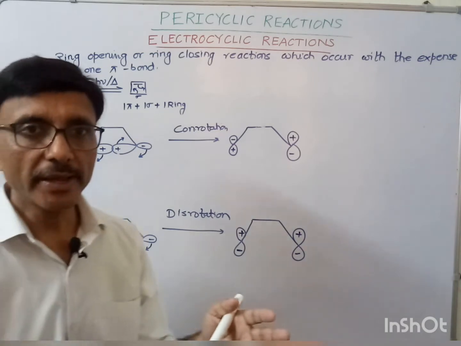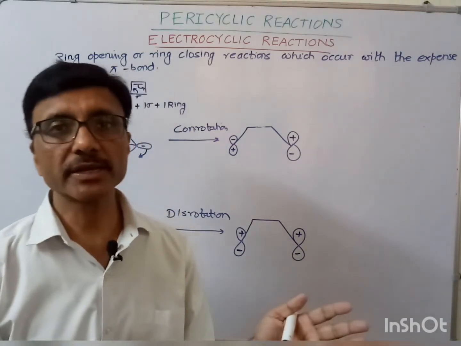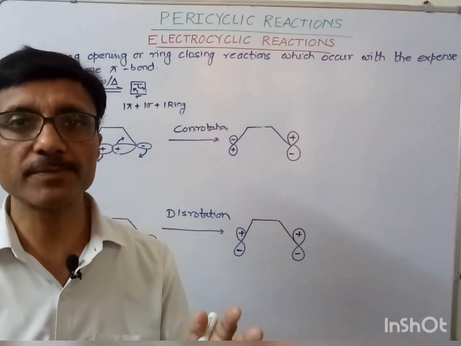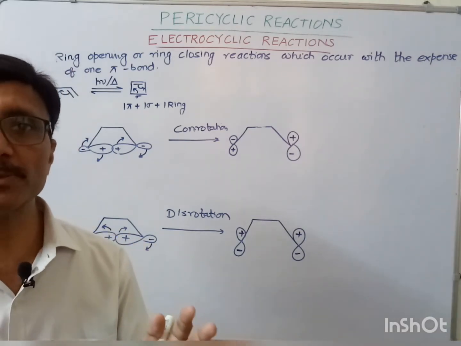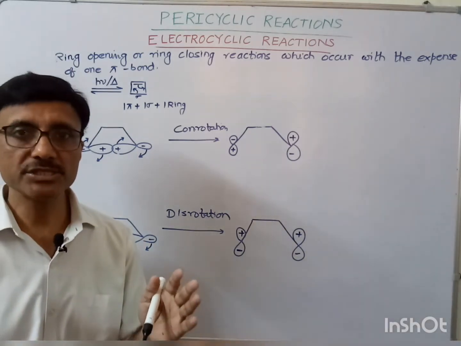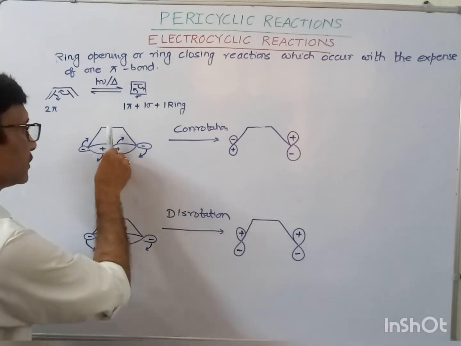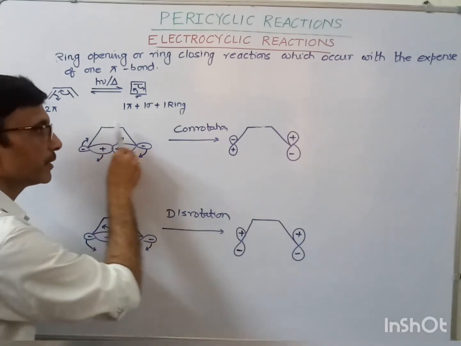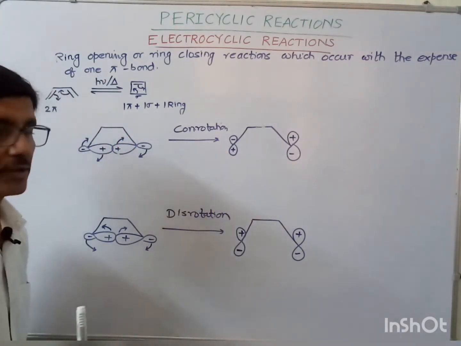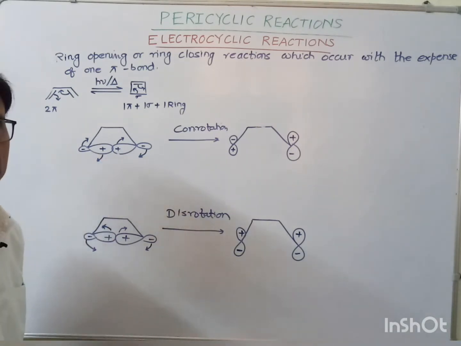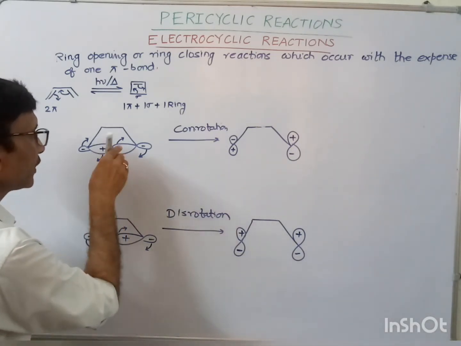What I told you, in pericyclic reactions, in electrocyclic reactions, we are concerned with two types of symmetry. One is the mirror plane symmetry, another is the C2 symmetry. So here there is mirror plane symmetry, but here no mirror plane symmetry. Now let's see whether C2 symmetry is there or not.